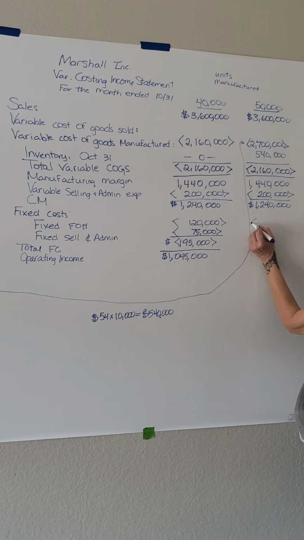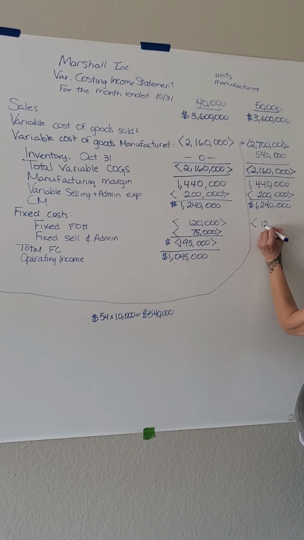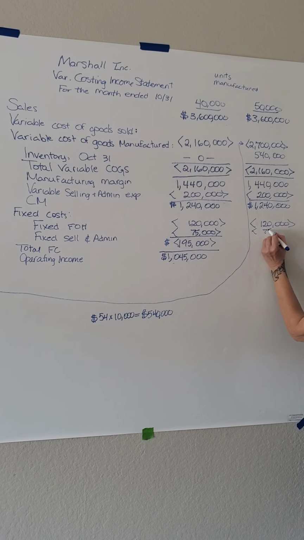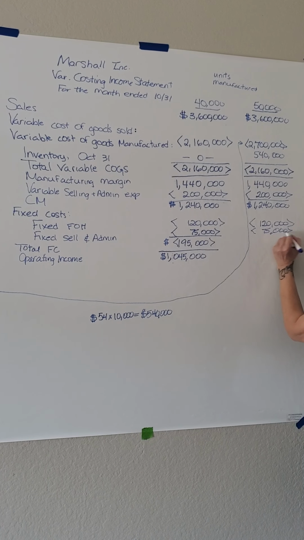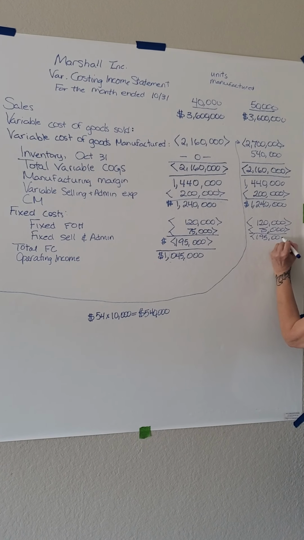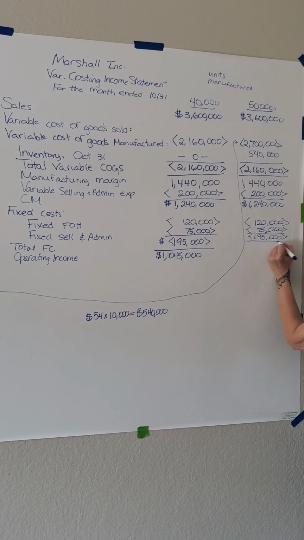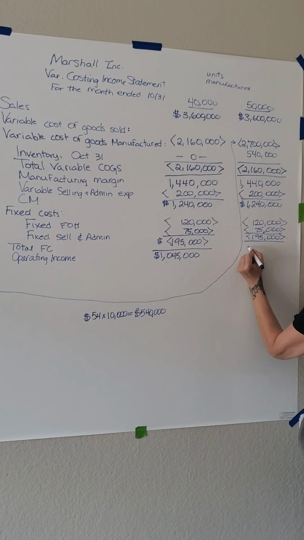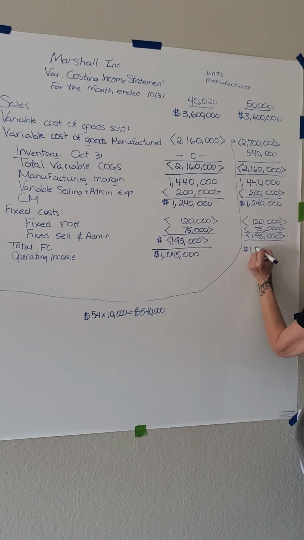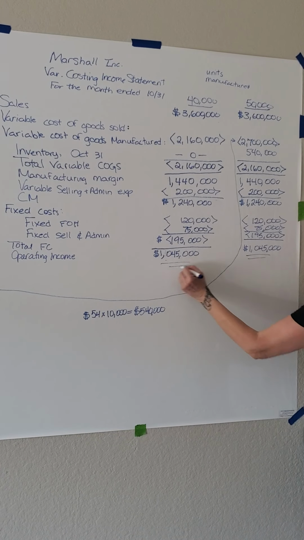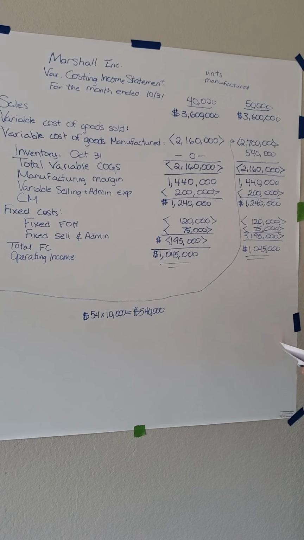We've got our fixed factory overhead of $120,000. Our fixed selling and administrative of $75,000 for a total of $195,000 in total fixed costs, and that gives us $1,045,000 for our operating income.